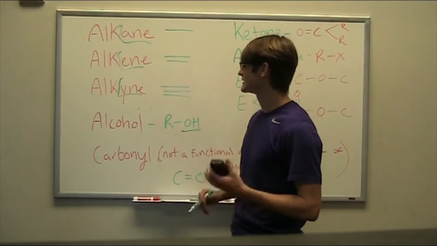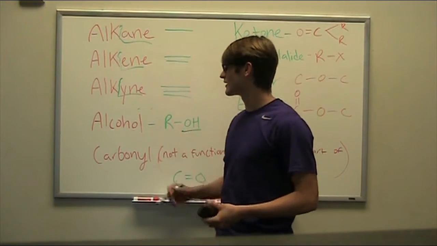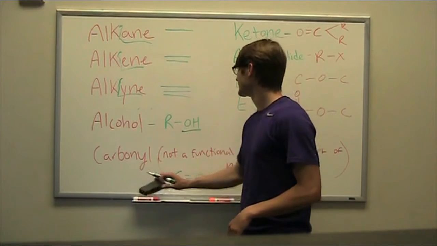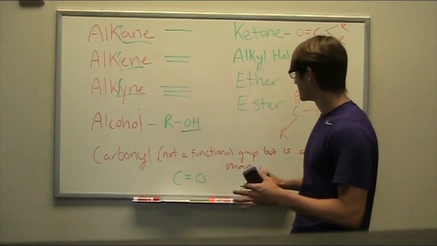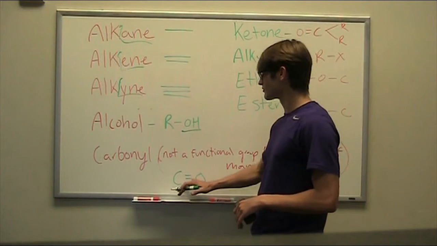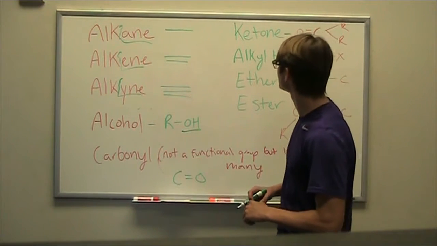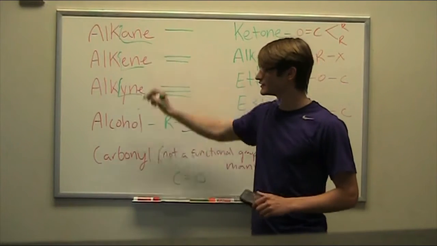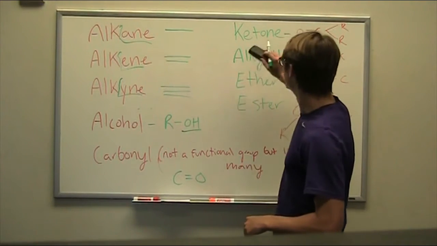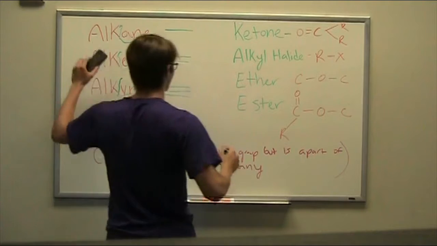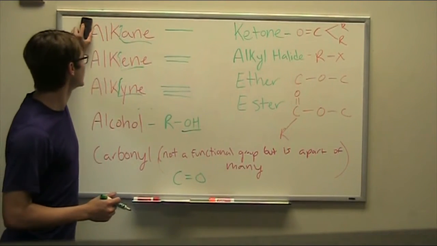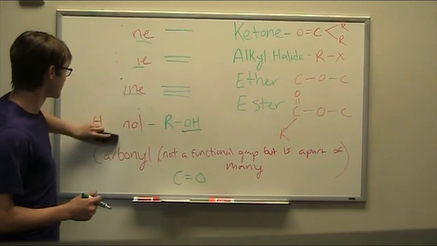So if you ever see an R attached to an OH, it's an alcohol. Carbonyl is not a functional group, but it's a part of many functional groups, so it's C double bond O. It's very important, carbonyl. These you should always know, these you should have memorized. Now we're going to move on to some new ones. Hopefully you guys wrote these down. If not, I'm going to have it on the worksheet at the bottom.